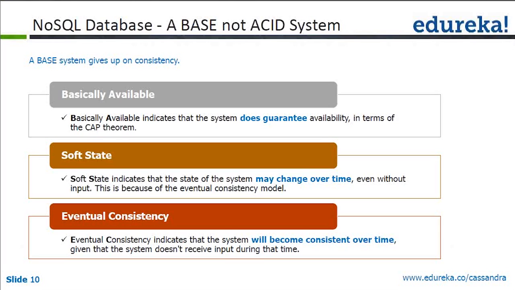Soft state is with respect to the consistency. You might have heard of the feature of journaling. Just to make you understand, when you try to do some inserts, there is a journal file maintained in the system that keeps track of all the changes that you have done.